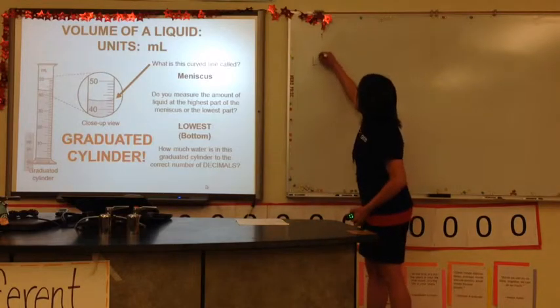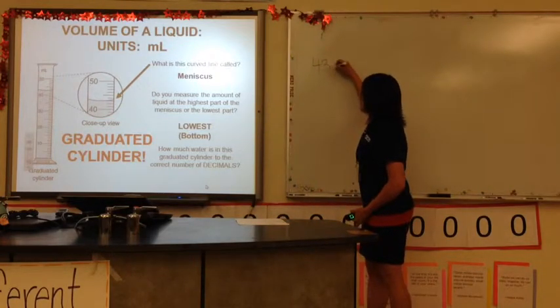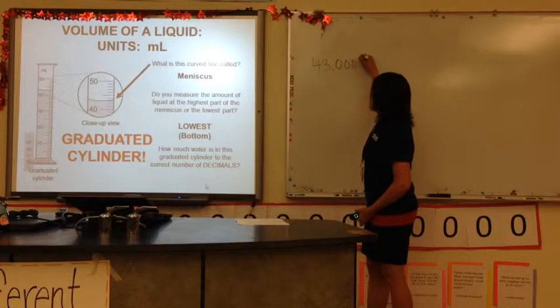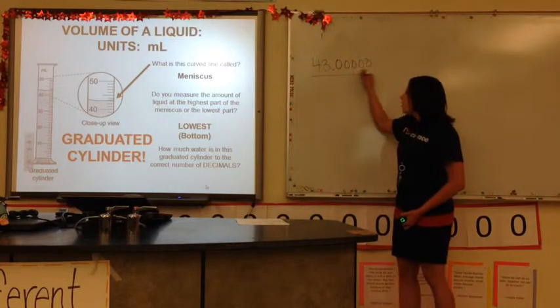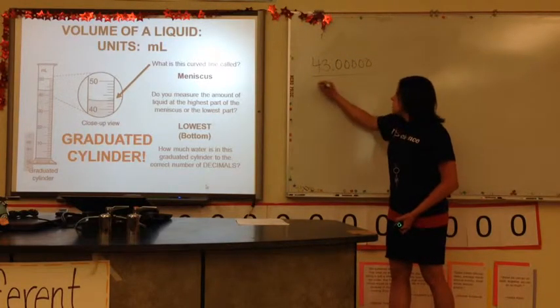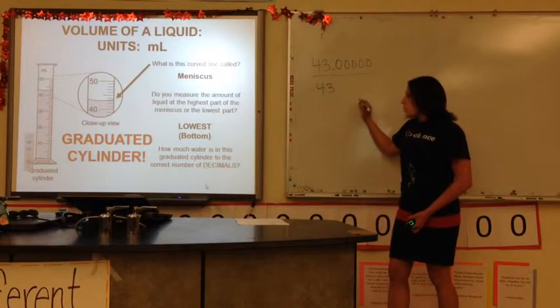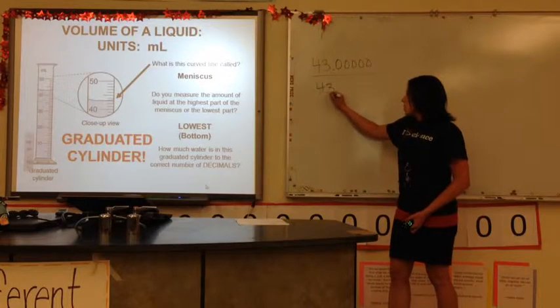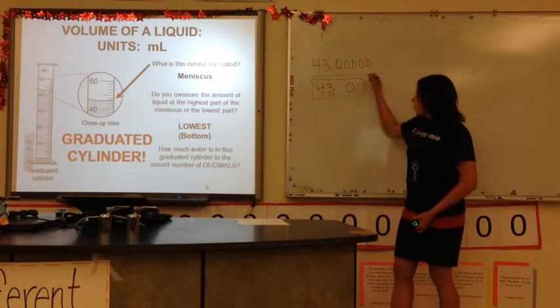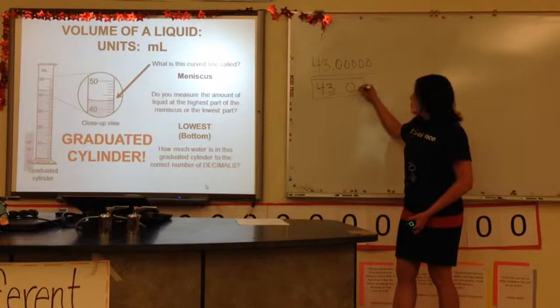So we can't say, for example, that this is 43.00000. We don't really know it with that much significance. We also don't want to just say 43 because we're better than that. Since it goes by the ones place, we estimate out one more digit. So I would estimate this to be 43.0 milliliters.